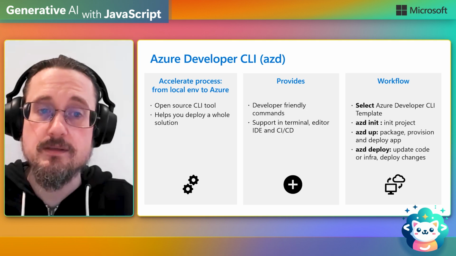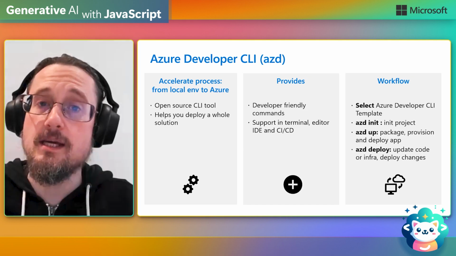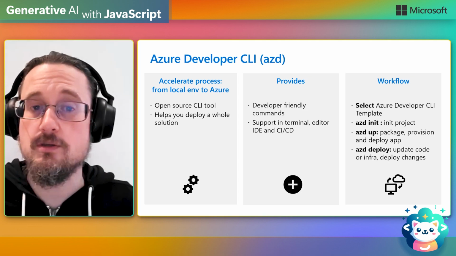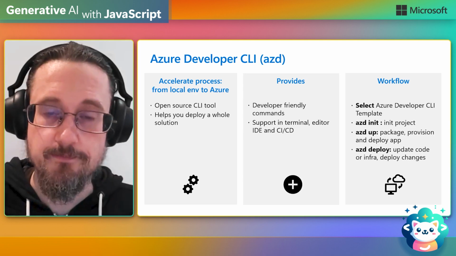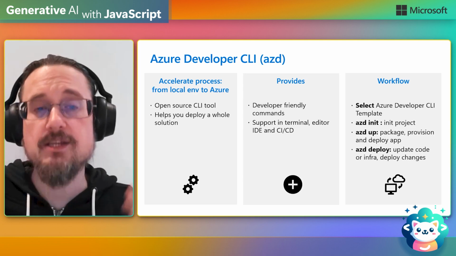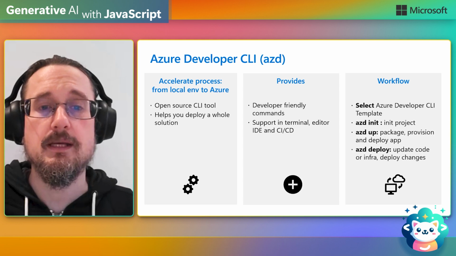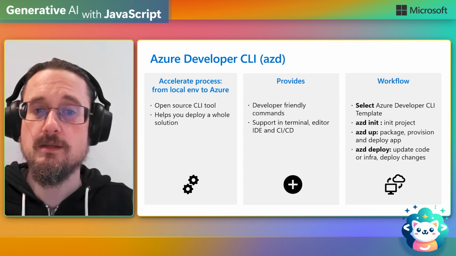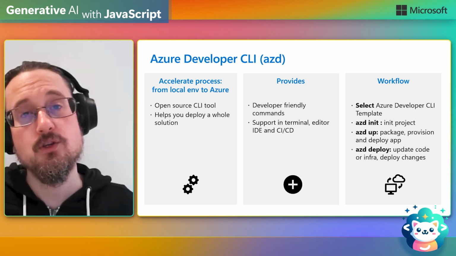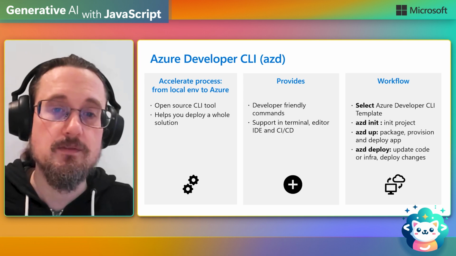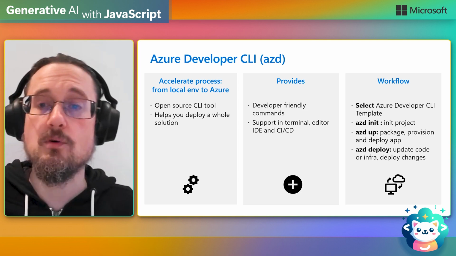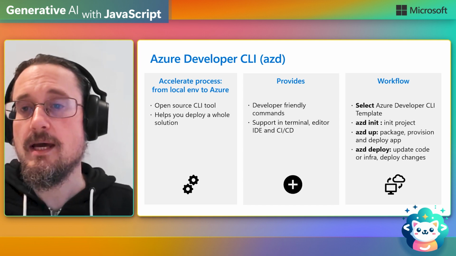That means it runs in the command line, and it helps you deploy an entire solution, front end, back end, storage, the works. And what it provides you is a developer-friendly environment with some great commands, but also support within your terminal, your editor, your integrated development environment, and for CI/CD.